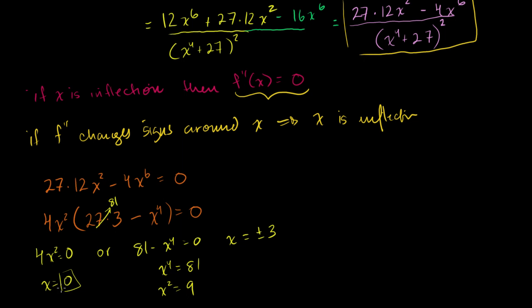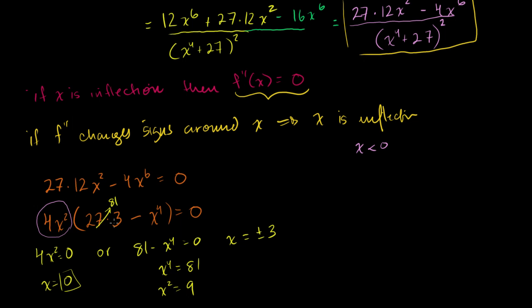So what happens when x is slightly below 0? Let's do all the scenarios. Not all of them necessarily, but if x is like 0.1, what is the second derivative going to be doing? If x is minus 0.1, this term right here is going to be positive.